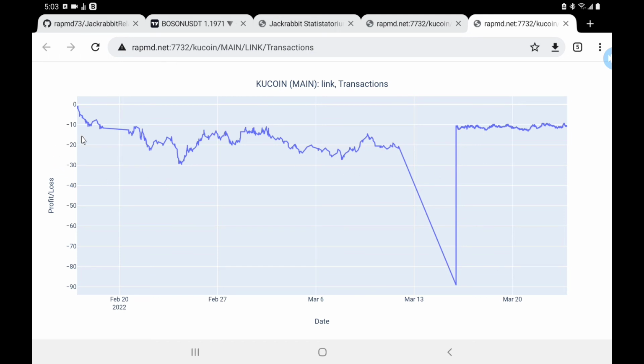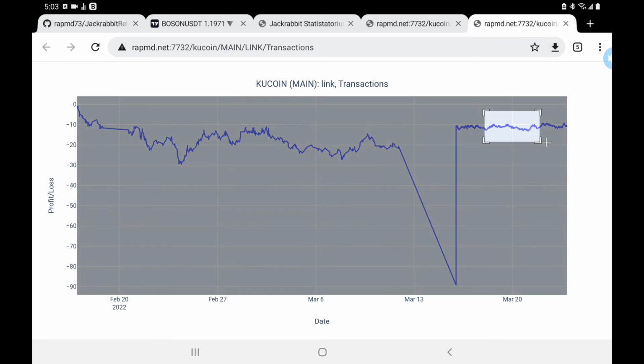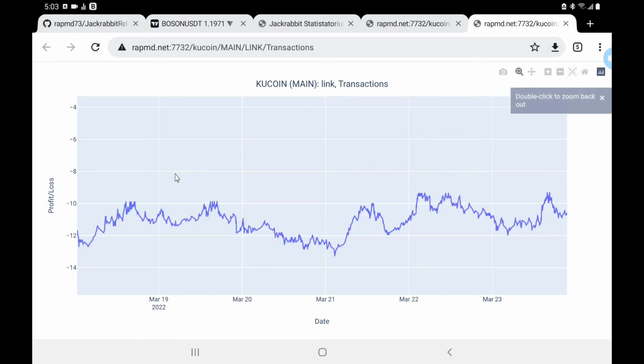You can tell the difference between automated trading and manual trading. But still, slow, steady profits over time and consistently. And as you can see, watch the peaks, and you'll see the peaks over time slowly rise.